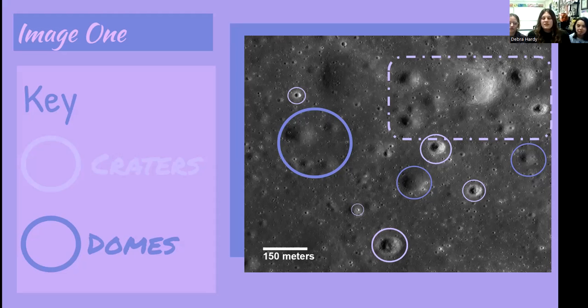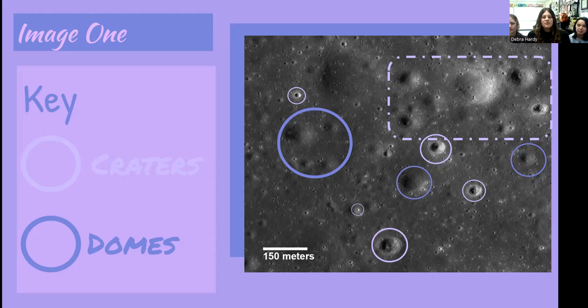Yeah. So what piece of information would have been useful to have with this picture that may have helped you with that dome versus crater? If it was in a Maria or in the Highlands. Okay, why that?